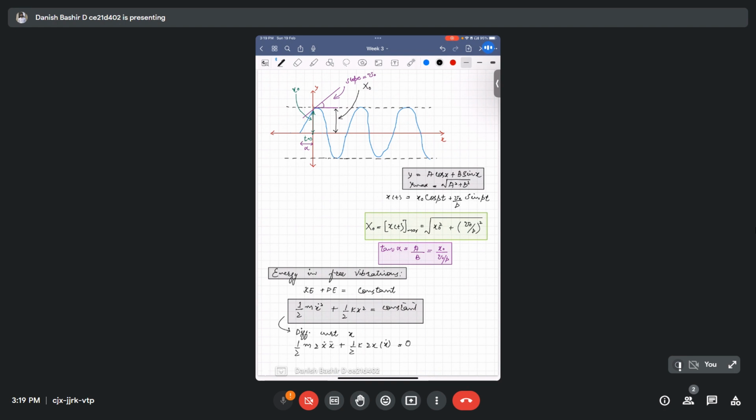If we take x dot common, we are left with m x double dot plus kx is equal to 0. So from the energy principle, we can also write the equation of motion for a free vibration system.